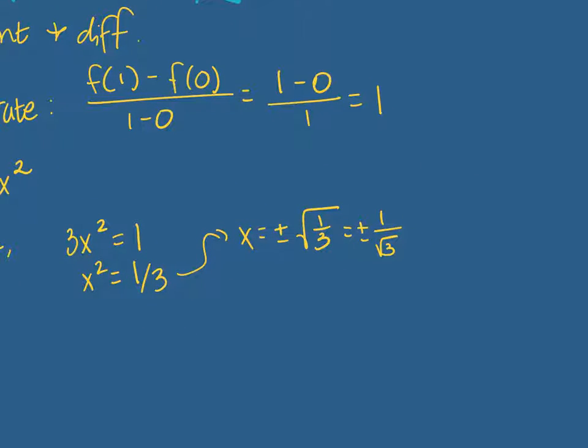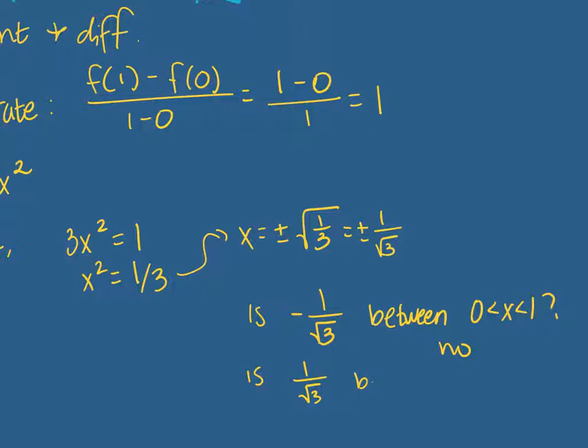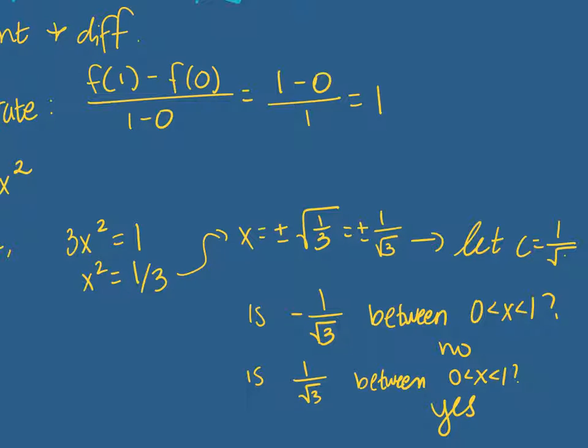Is negative 1 over square root 3 between 0 and 1? The answer is no. Now I have to ask, is 1 over square root 3 between 0 and 1? The answer is yes. So from here I say let c equal 1 over square root 3.